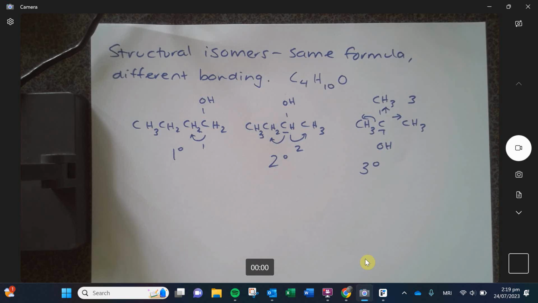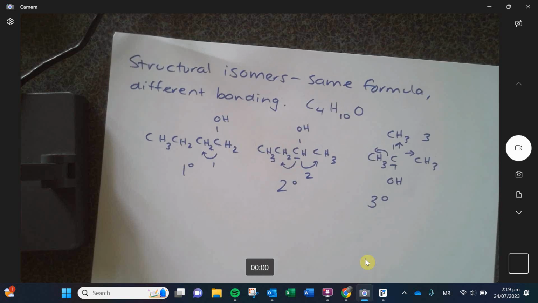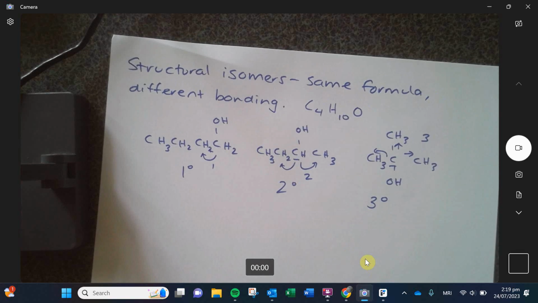Okay. So that was one type of isomer that we talked about, and we talked about it quite a bit because, like I said, in spec, we were looking at that as our idea. The second type of isomer is known as a geometric isomer. So we're talking about geometry now.